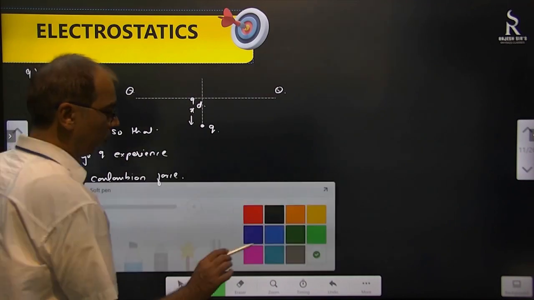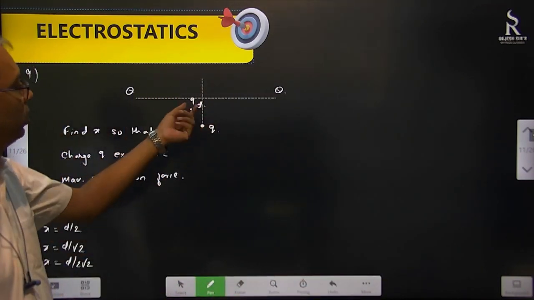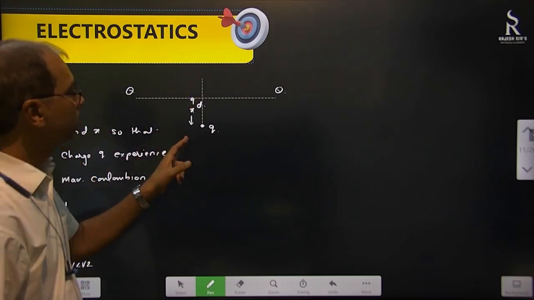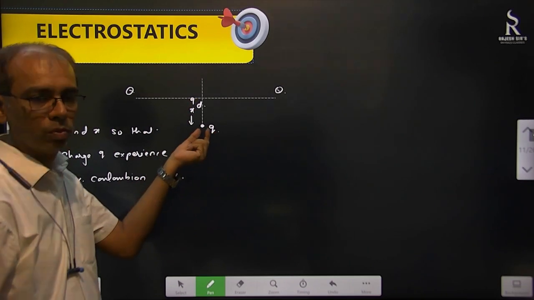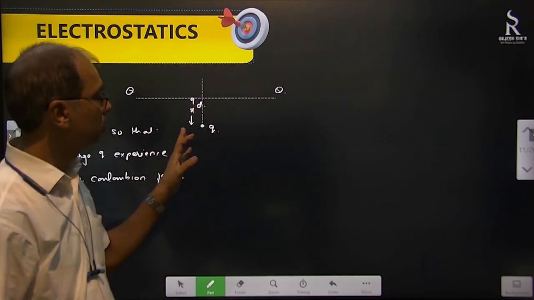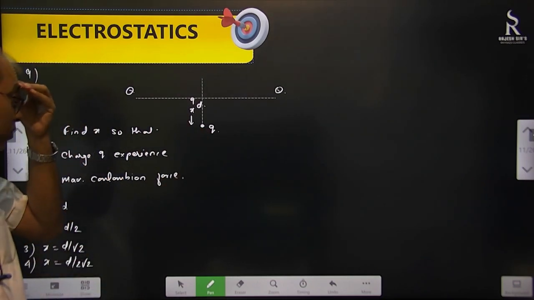So what is the question? Two charges Q and Q of the same magnitude are at a distance d. On a perpendicular bisector, we are keeping one charge Q at a distance x from the middle point. So you have to find the x value so that the force on this is maximum.